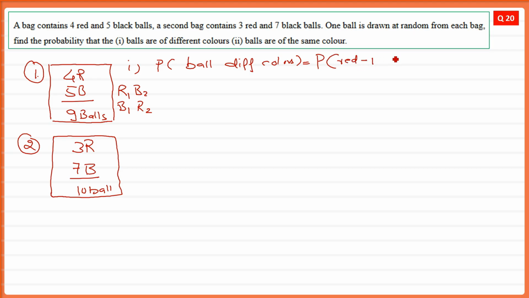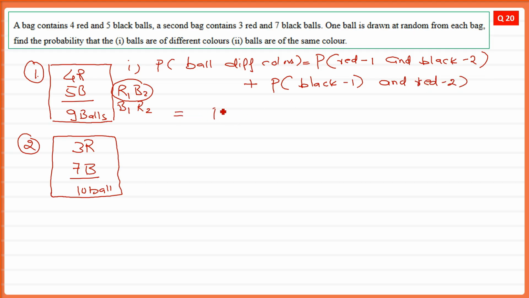Then we'll transform this probability into actual values. The first one will be the probability of getting a red from the first bag and black from the second bag. The second one I am writing as black from the first one and red from the second one. You can ignore the extra bracket after black one.